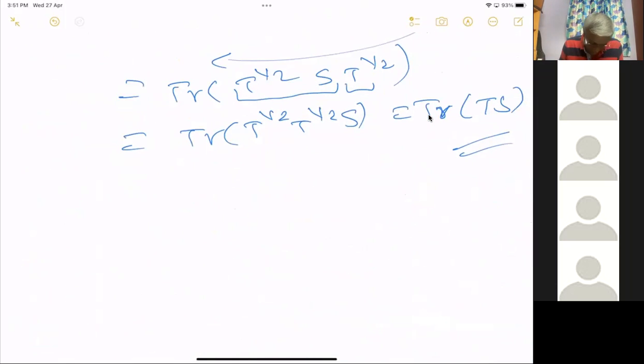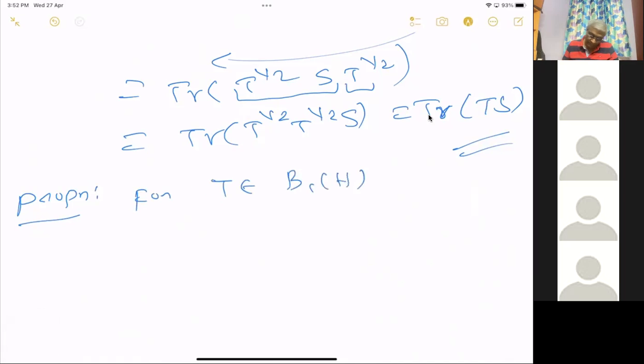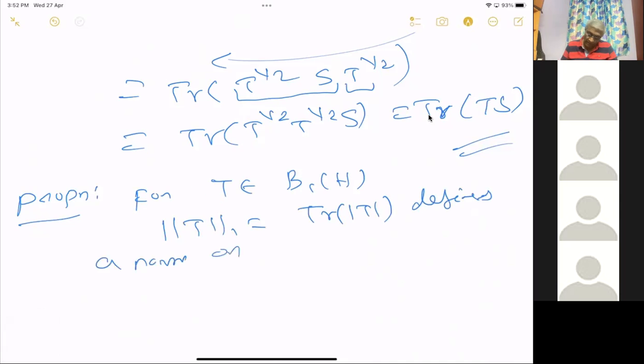Okay. So I go to the next most important theorem, proposition. The proposition is the following. For T in B1H, the norm of T, norm 1, equal to trace of mod T, defines a norm on B1H, and B1H is a Banach space.